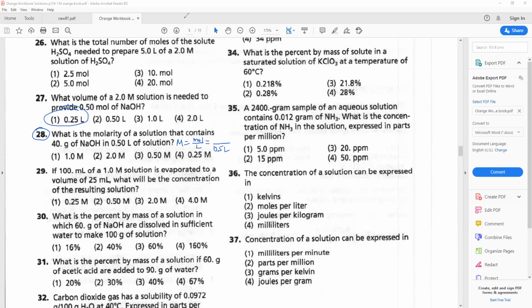So we need a little bit more room, and we're going to work on a blank page. We're doing question number 28, and we need moles, which is mass given. What mass was given to us? 40 grams of NaOH. So I need the GFM.